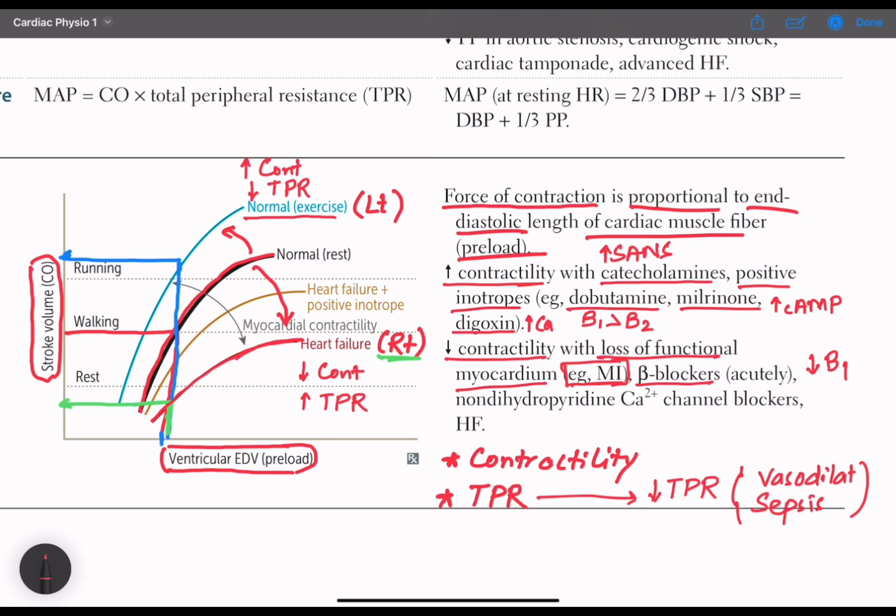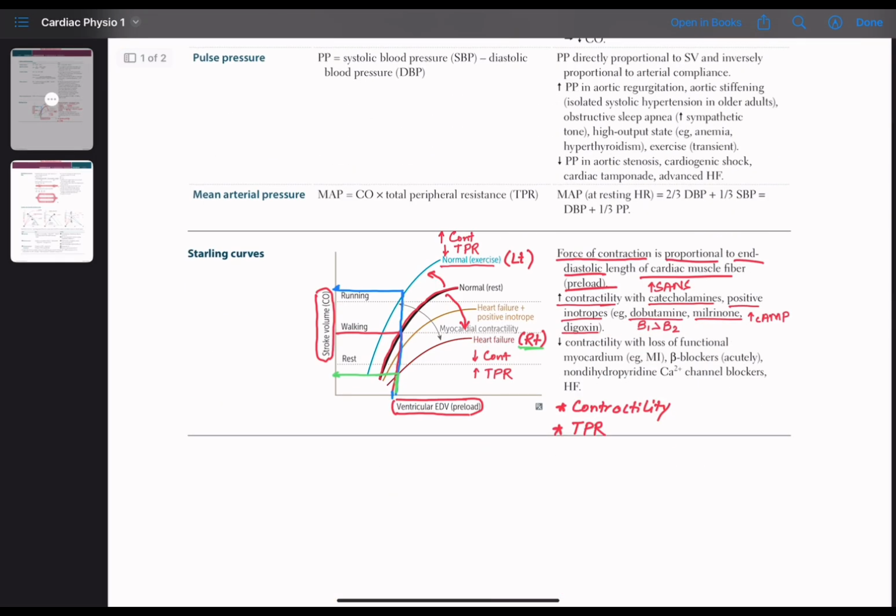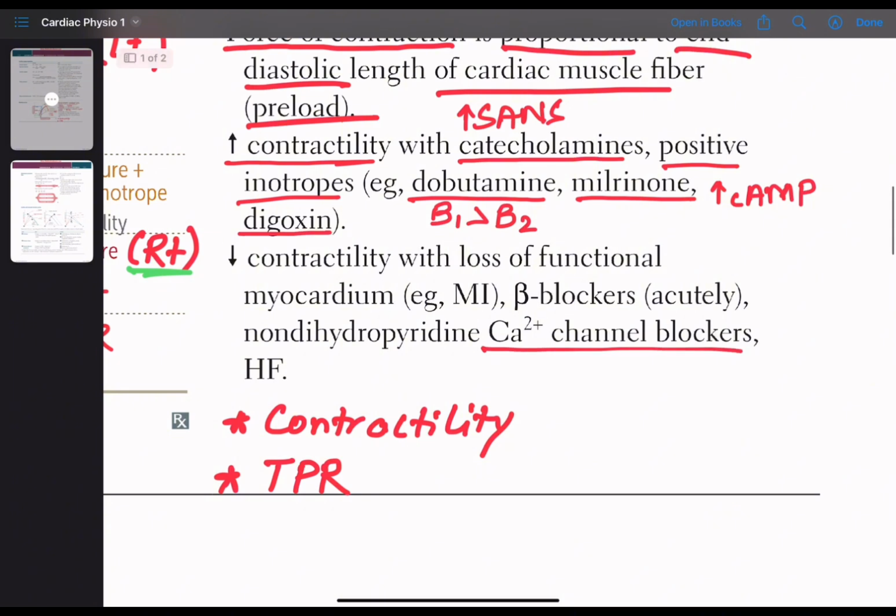Then we have calcium channel blockers, specifically the non-dihydropyridine calcium channel blockers like diltiazem and verapamil.